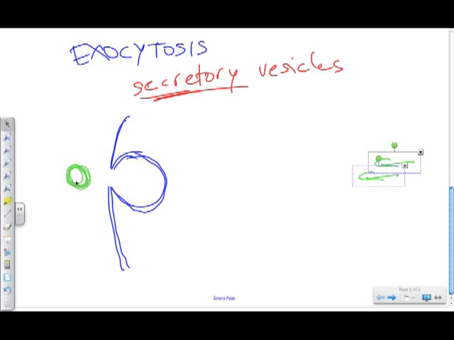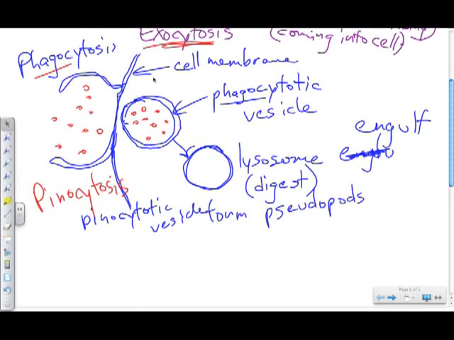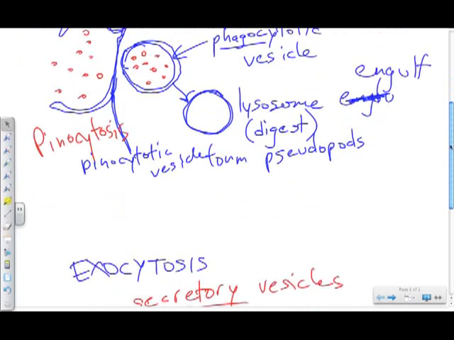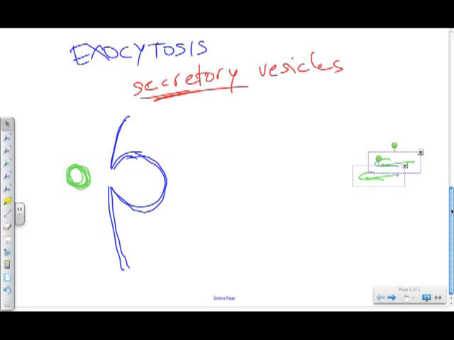It's going to release the particle, and then remember how using endocytosis the membrane got smaller because part of the membrane became a vesicle and went in. This secretory vesicle will now fuse to the membrane, going back and forth to keep the membrane the same size.